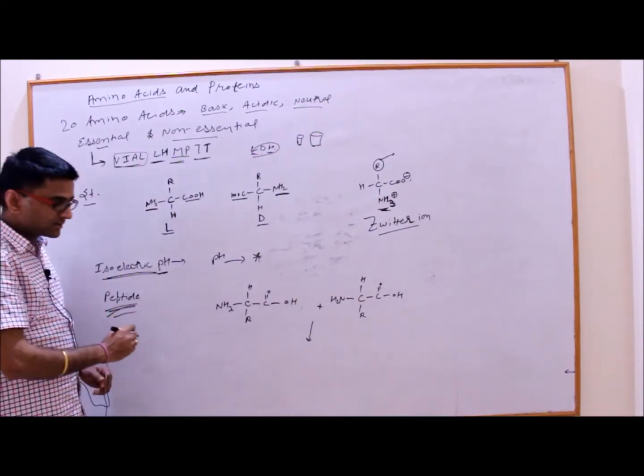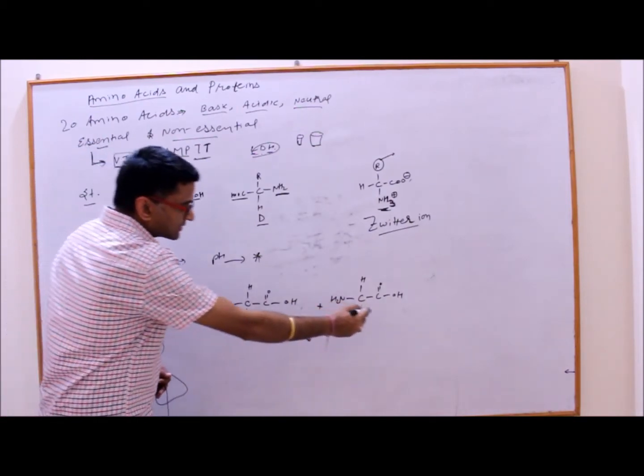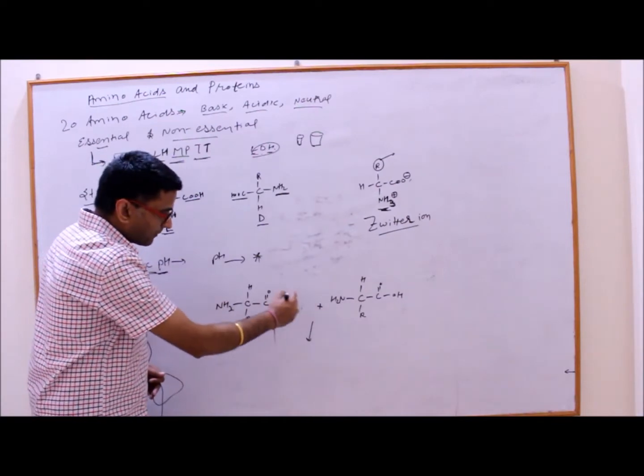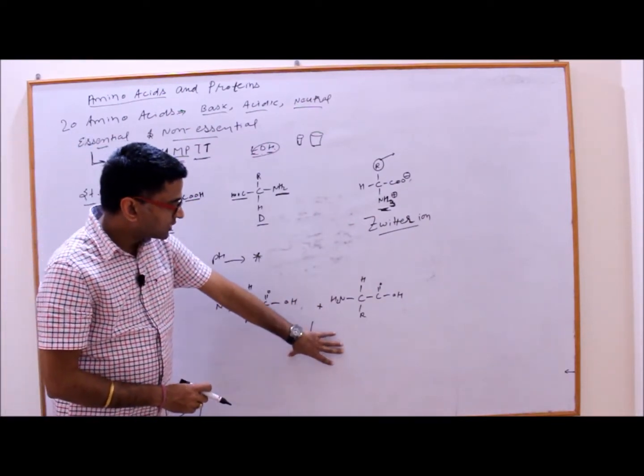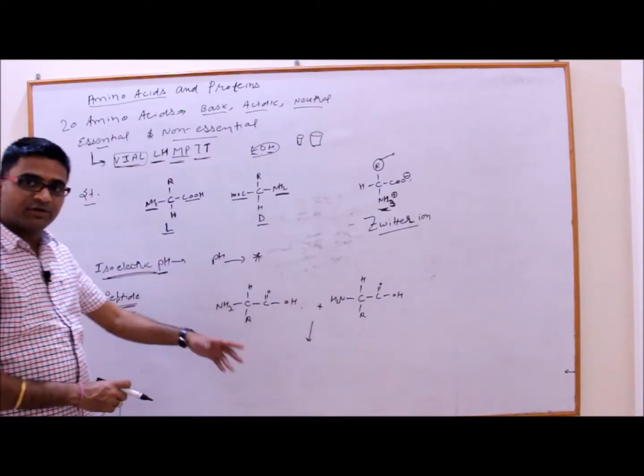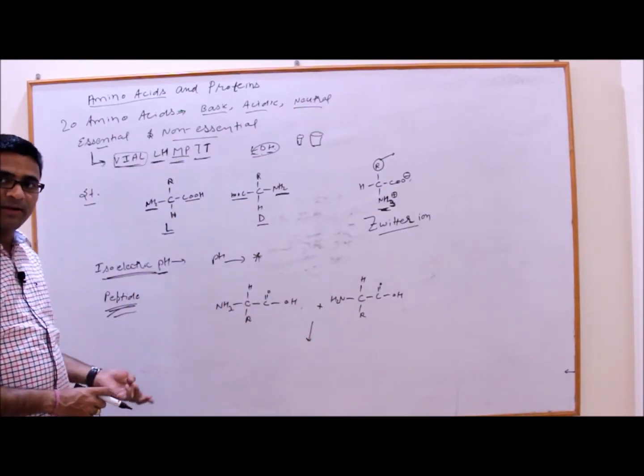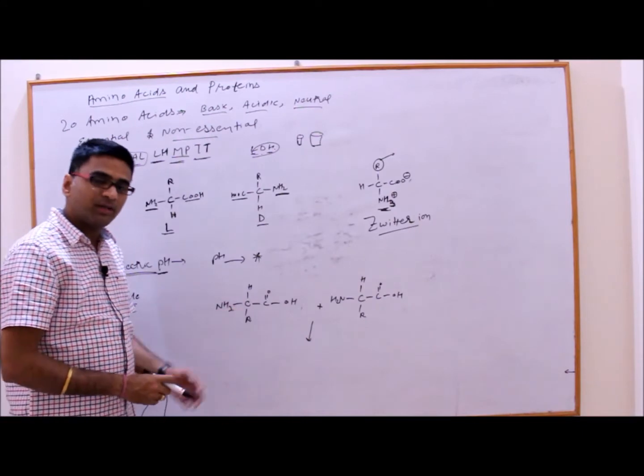What are peptides? So when two amino acids combine, it forms a peptide linkage, and that is called a peptide. So if two amino acids, then dipeptide, if three, then tripeptide, if four, then tetrapeptide, and then as many as polypeptide.